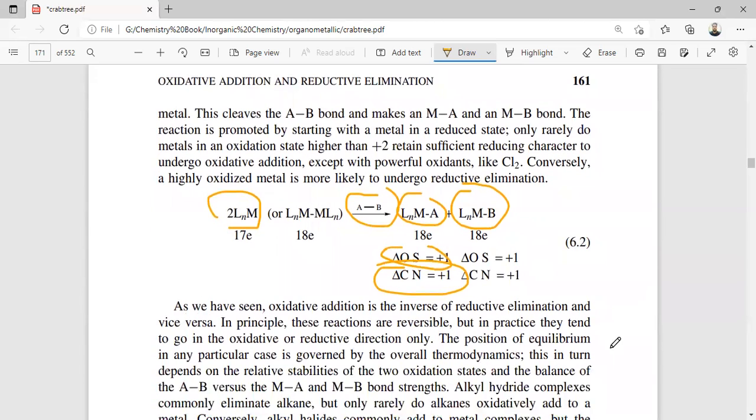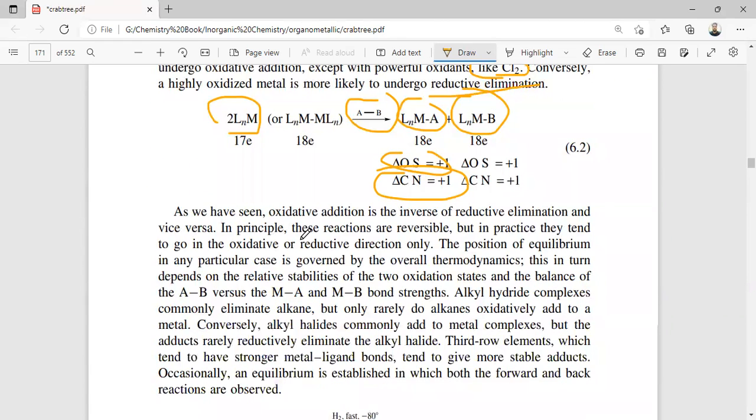So that means the plus 2 oxidation state is not energetically favorable to achieve for all types of metal. So powerful oxidizers like Cl2 will give this type of conversion, and conversely a high oxidation state metal is likely to undergo reductive elimination.